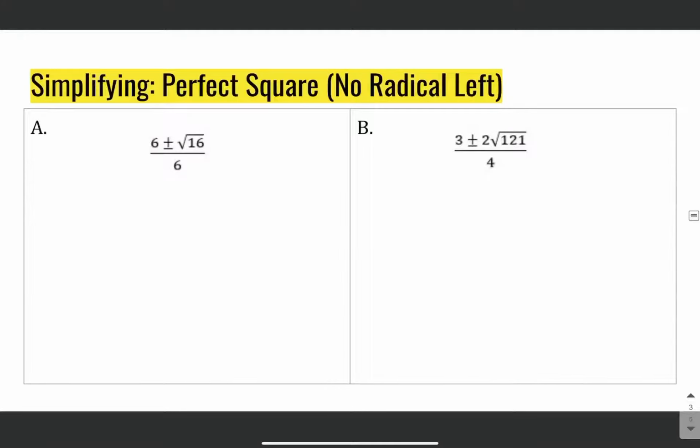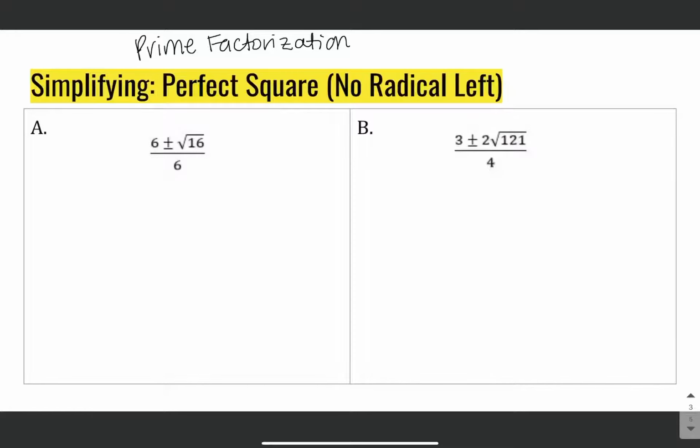So our first type is when we have a perfect square. And so that means we're not going to have a radical left over. Now, the way that this video is going to show you how to simplify radicals is with a method called prime factorization. That is a skill that if you needed to Google that, you could look up that skill.